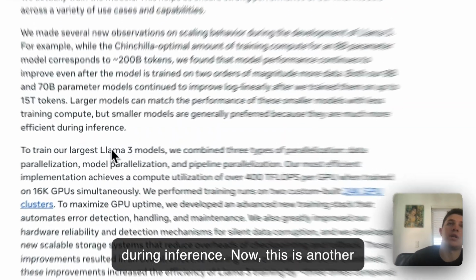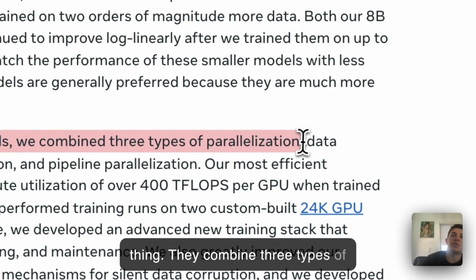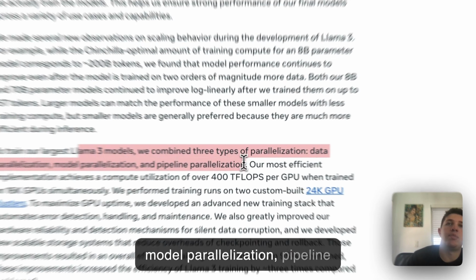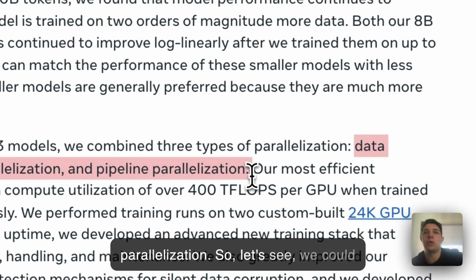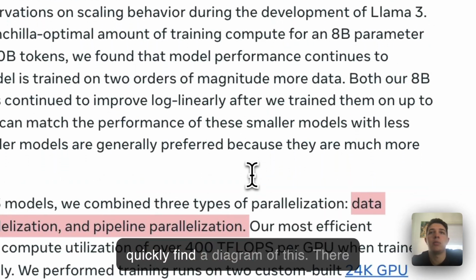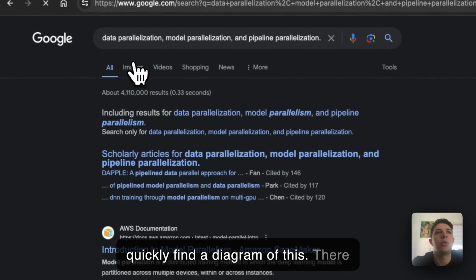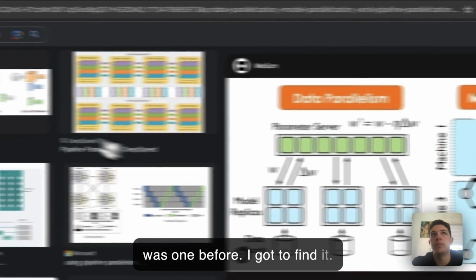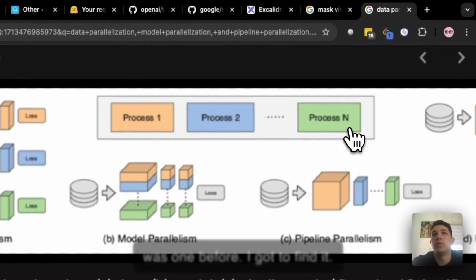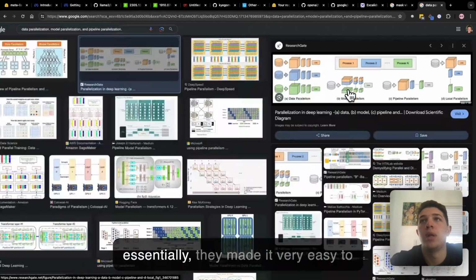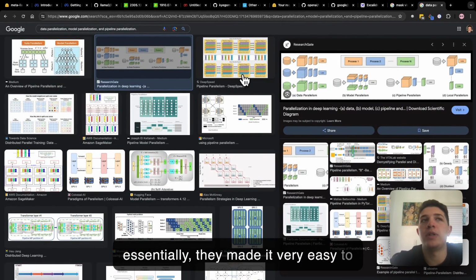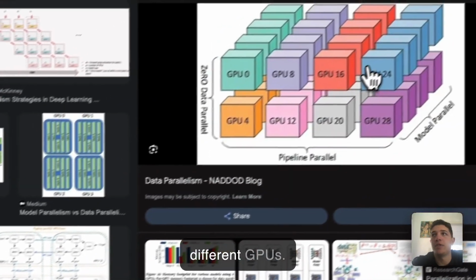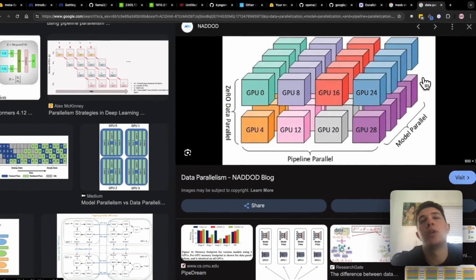Now, this is another thing. They combine 3 types of parallelization: data parallelization, model parallelization, and pipeline parallelization. So let's see if we could quickly find a diagram of this. There was one before. I gotta find it. So essentially, they made it very easy to split up the data sets over many different GPUs.